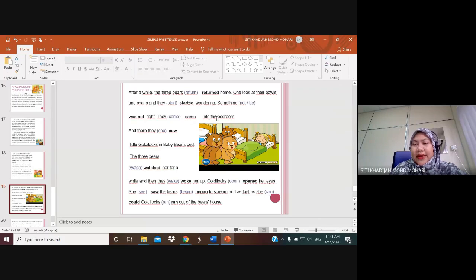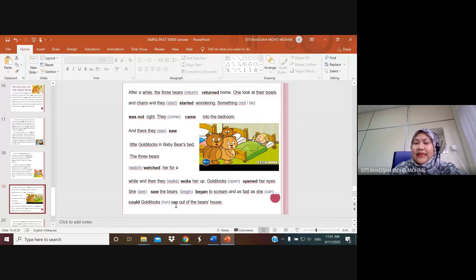They came into the bedroom, and there they saw little Goldilocks. The 3 bears watched her for a while, and they woke her up. Goldilocks opened her eyes. She saw the bears and began to scream as fast as she could. Past tense is could. The past tense of can is could.